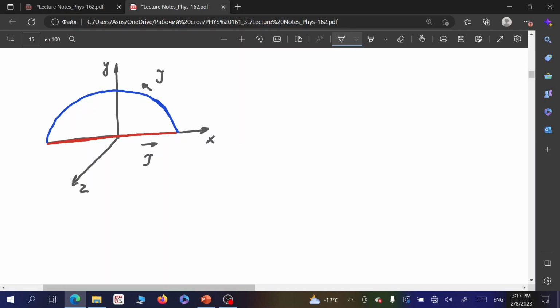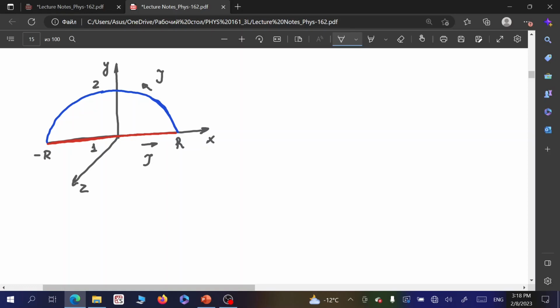Here we have the radius r of this semicircle, and here will be the coordinate of the other side, minus r along axis x. Let us assume that this will be conductor number 1, and this will be conductor number 2. So we have two conductors connected to each other, and they form a closed current loop.